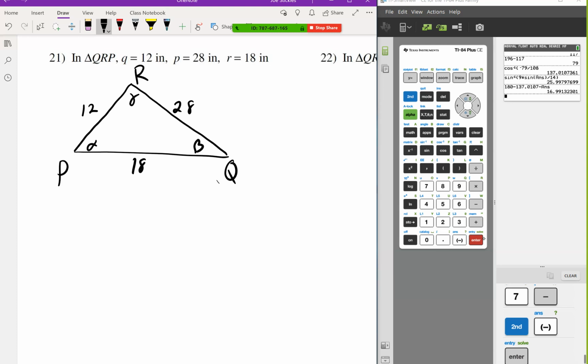All right. So like I just mentioned in the previous problem, since we're looking for an angle here, I always try to work with the biggest one that I can find, and I know that the angle that's opposite the biggest side will be the biggest angle.